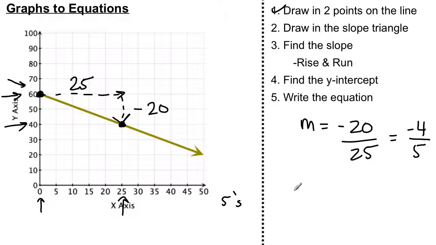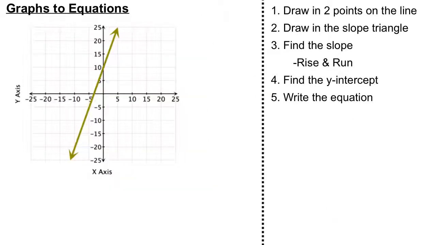Okay, so let's write our equation. Our equation is y is equal to negative 4/5 x, and then where do we start? We start at 60, so plus 60. Okay. One last problem for you.